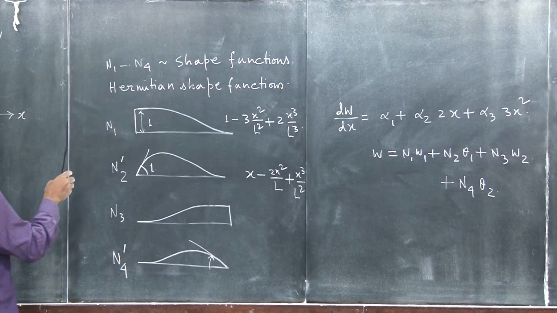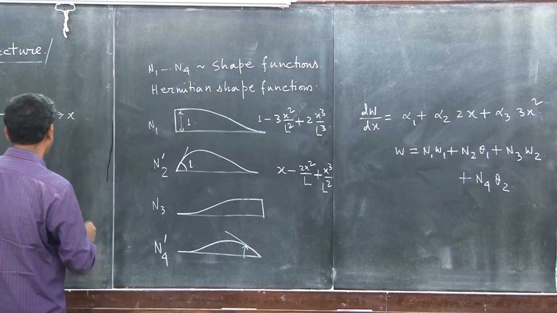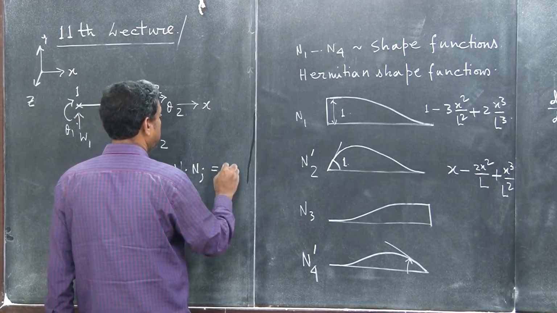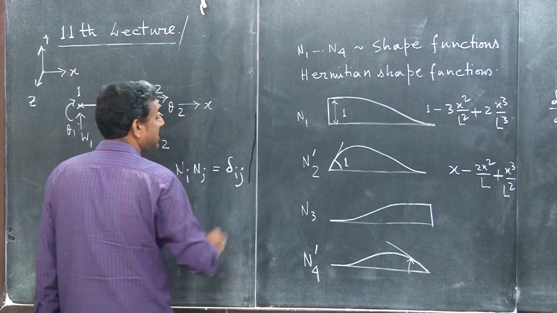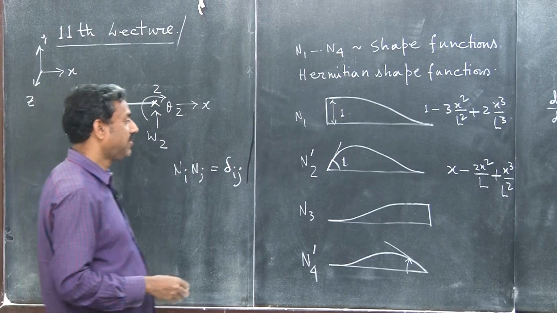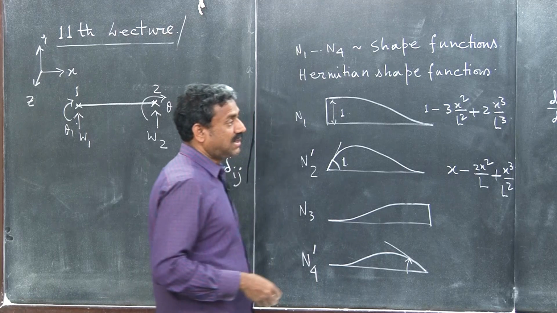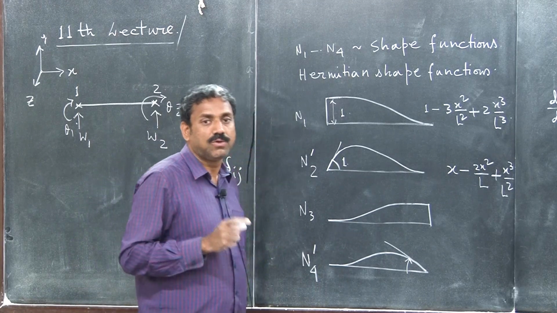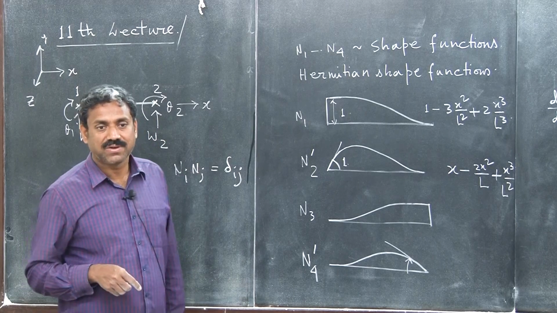This is called the Kronecker delta property. So Ni(xj) is delta ij, the Kronecker delta. And if you sum the shape functions at any point, they will sum up to a value of 1, because it is an interpolation function.